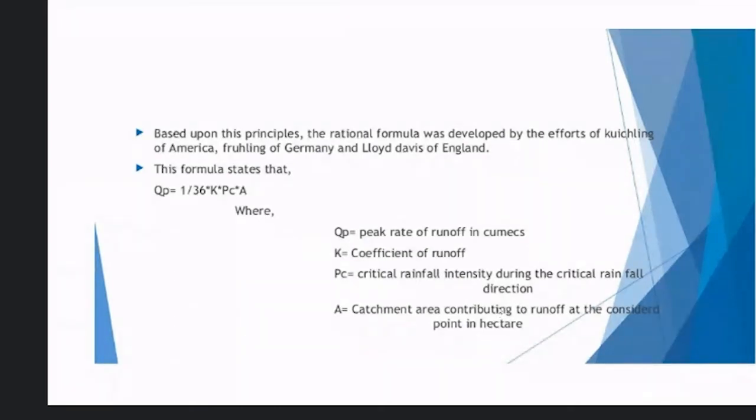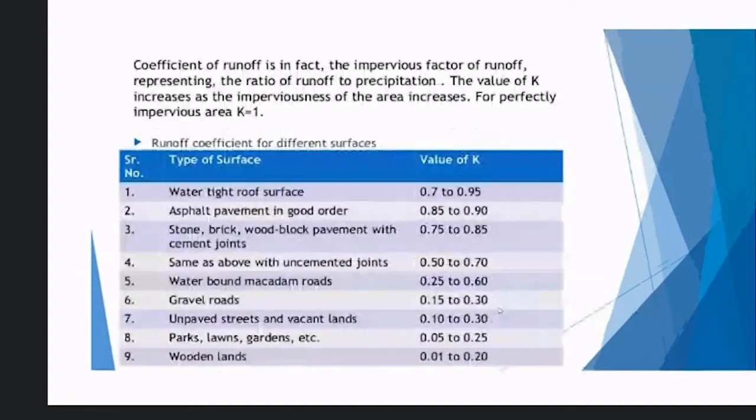This formula states that Qp equals 1 over 36 multiplied by K multiplied by Pc multiplied by A, where Qp is the peak rate of runoff in cumecs, K is the coefficient of runoff, Pc is the critical rainfall intensity during the critical rainfall duration, and A is the catchment area contributing the runoff at the considered point in hectares. Next slide.